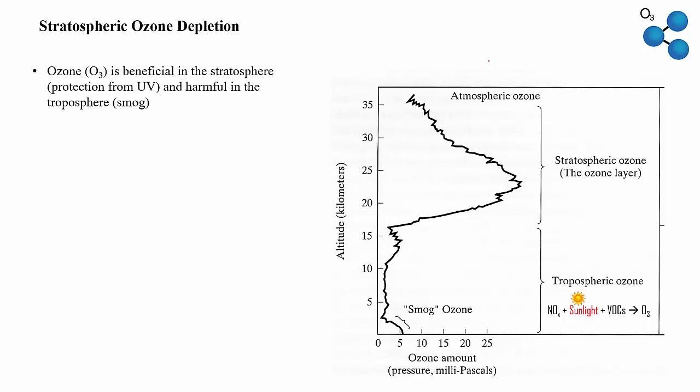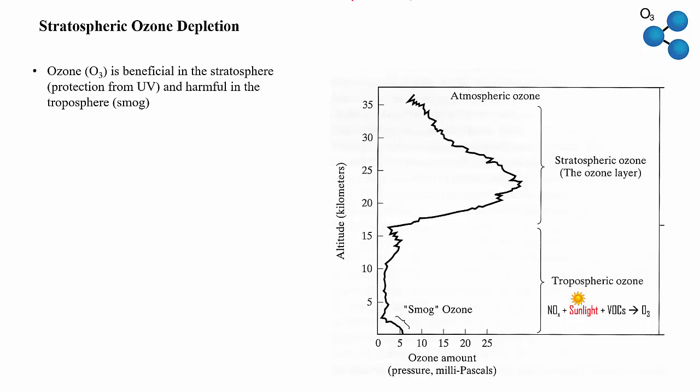Next, I want to talk about ozone, which is O3. This is a plot that shows the ozone concentration in the atmosphere with altitude. You could get this kind of plot by putting an ozone sensor in, for example, a weather balloon and measuring the ozone concentration as the balloon rises.